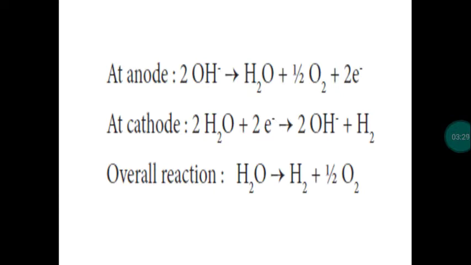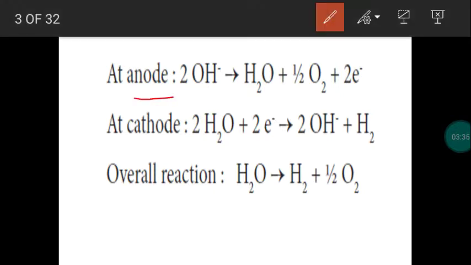As I said, within the cell there are three components. What are they? Anode, cathode and electrolytic solution, which is water here. At the anode, there will always be an oxidation process. So within the cell, oxidation will take place at the anode. At the cathode, there will always be a reduction process.